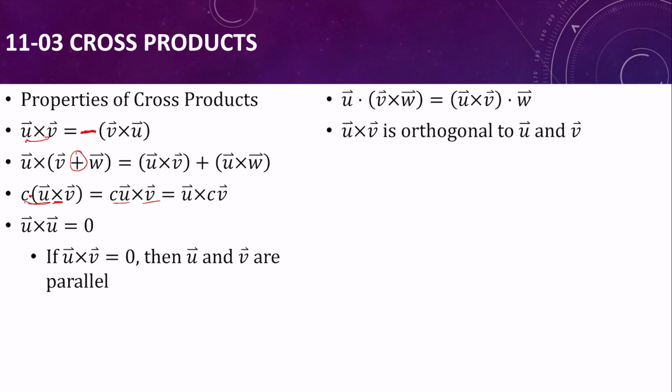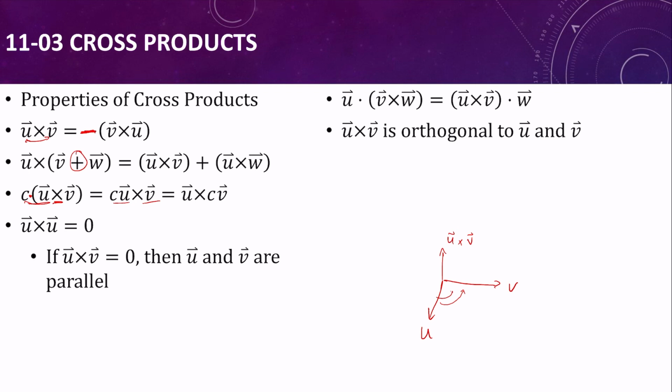The cross product is orthogonal to u and v. It follows the right-hand rule. So if we have vector u and vector v, if you take your right hand and curl your fingers from vector u towards vector v, your thumb is going to point towards the direction of the cross product.